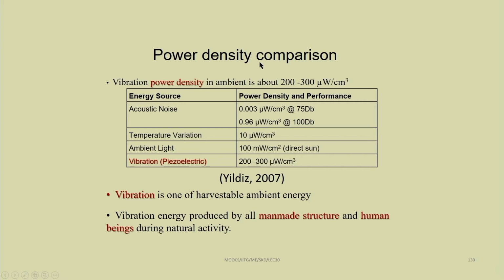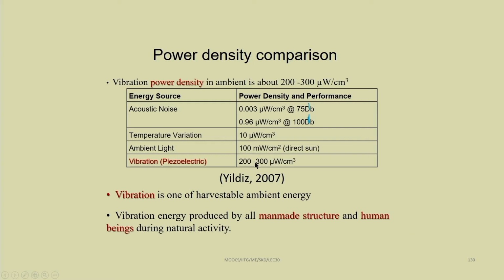This power density comparison you should know. The vibration power density in ambient is about 200 to 300 microwatt per cm3. Acoustic noise contains 0.003 microwatt per cm3 at 75 dB, and similarly 0.96 microwatt per cm3 at 100 dB. So, you can see that by increasing the noise, we can increase the power density.